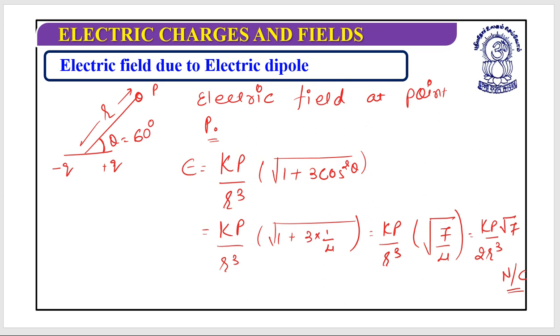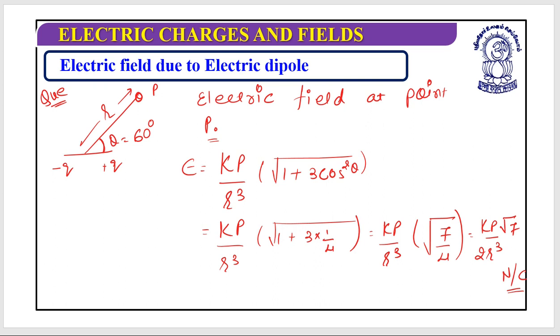Yes, can you do it? Okay, great. So let's summarize what we have done up till now. We have started with the electric dipole. Then we found out what could be the electric field due to a dipole.